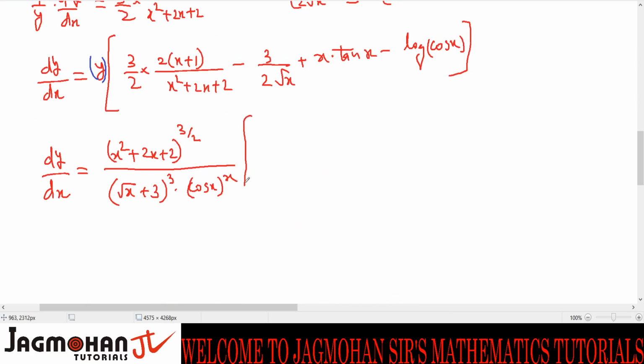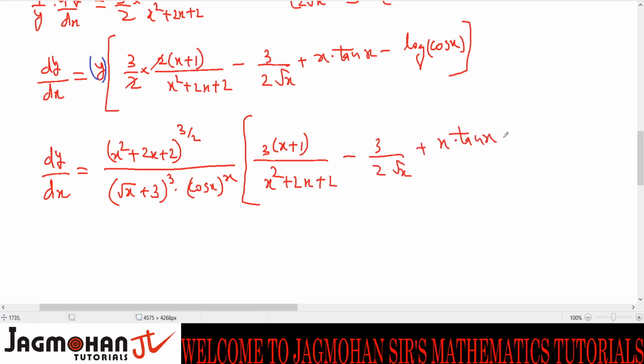This is y. Then you put a bracket and write this whole thing: 3 by 2, this 2 and 2 cancel, so 3 times x plus 1 divided by x square plus 2x plus 2, minus 3 upon 2 root x, plus x into tan x, minus log of cos x.